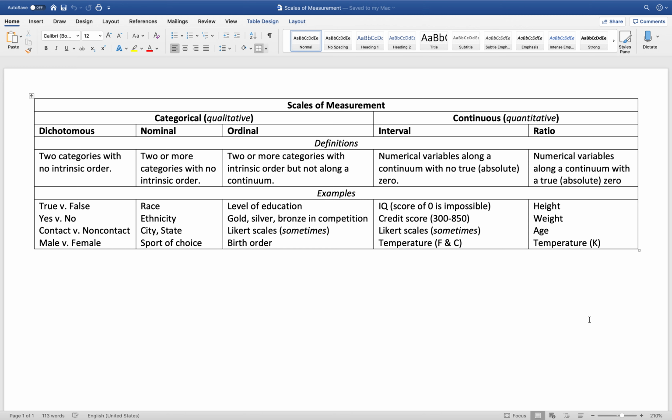When you go from 3 to 4, it's a difference of 1, and so on, right? So not exactly doubling, but going up by the same increments. When you're at 0 degrees Kelvin, it is an absolute zero. There is no such thing as negative numbers in the Kelvin scale. So it really depends on how you measure temperature that determines whether it's an interval measure or a ratio measure.